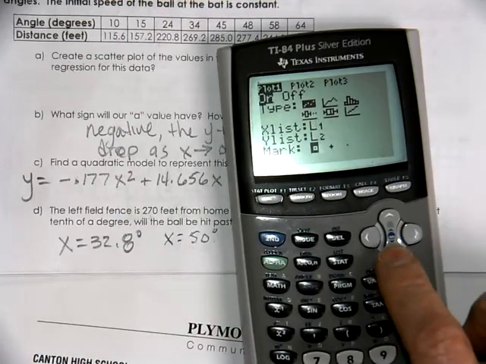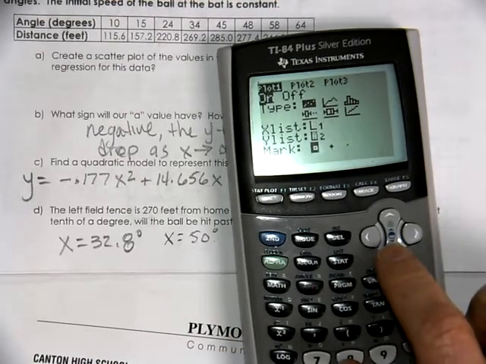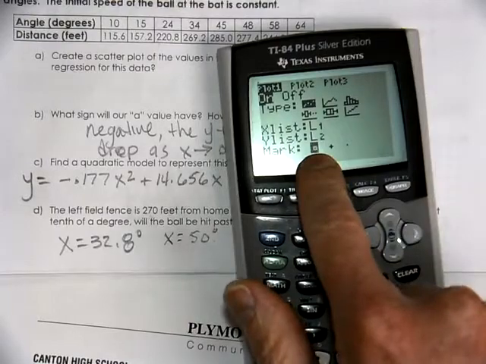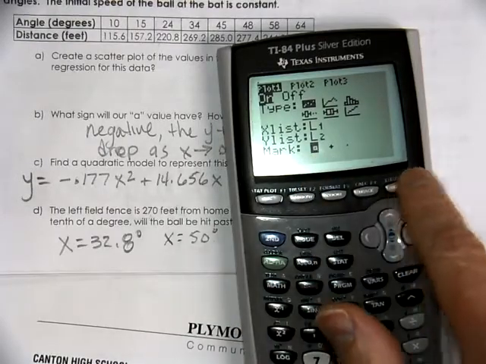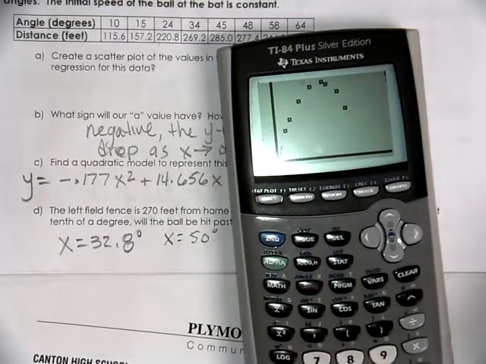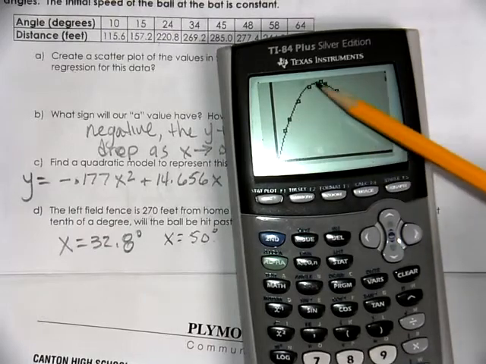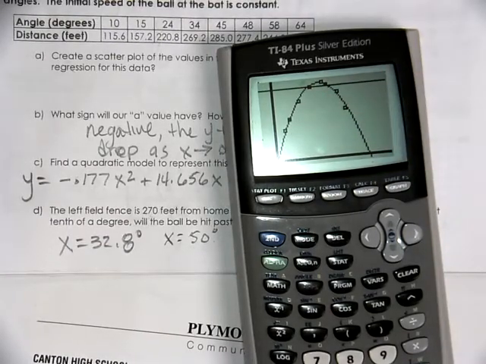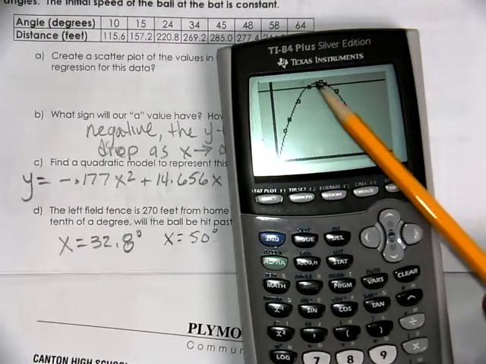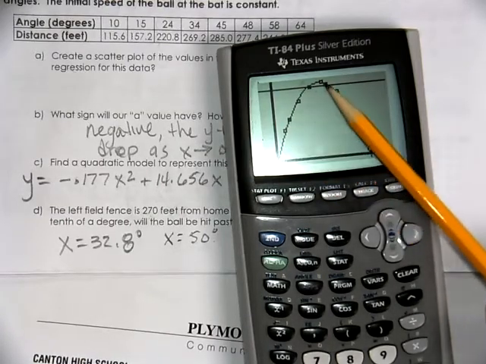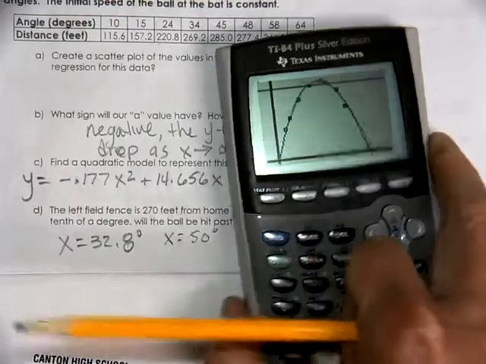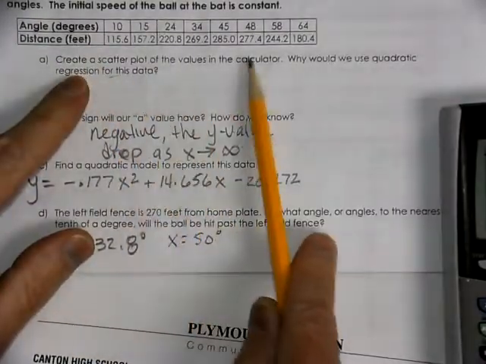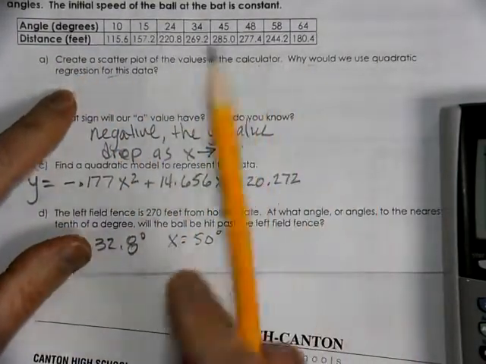We're taking our x values from what we put into list 1 and list 2, and we're going to use this symbol. And when we graph it, you will now see that that path is the scatter plot of the data. So we created our path. We see that that was actually a parabola type shape. So we created our scatter plot.